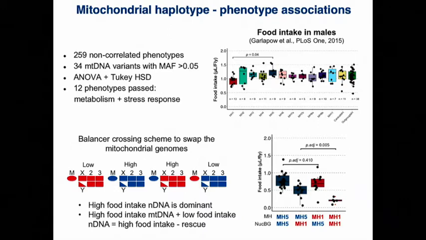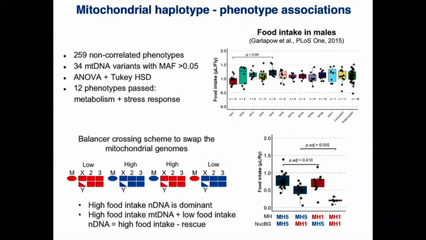So here again, we have the reproducibility of the assay, namely, if you have the MH5 haplotype with the nuclear genome, you see again a higher food intake than the MH1, the red. So this is nicely reproducing what I've shown here, and this was not our data, now this is our data, right?